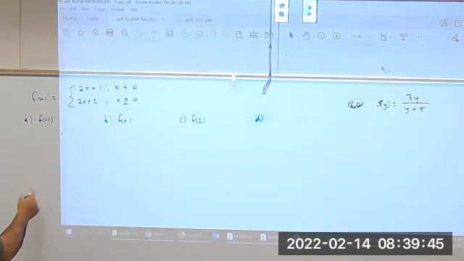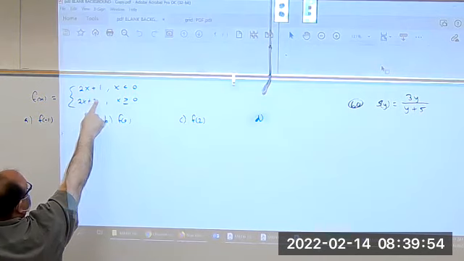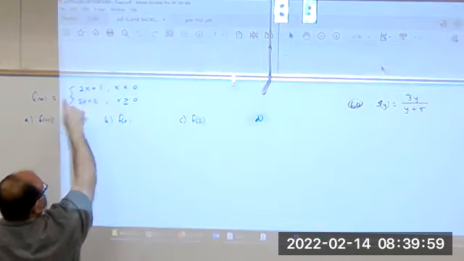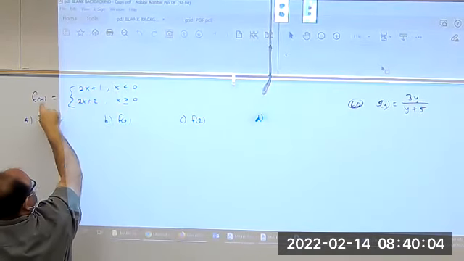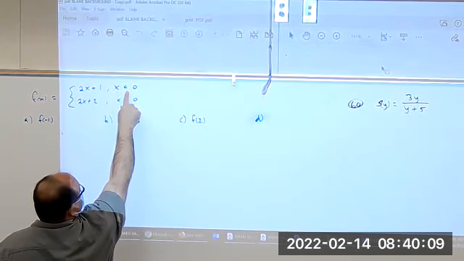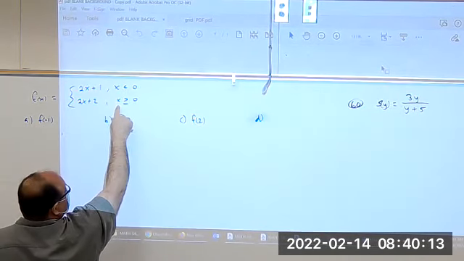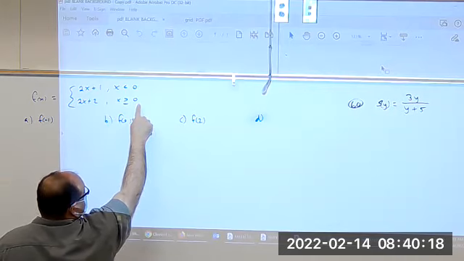So we want f of -1. So we plug -1 into the x. And we're going to replace the x over here with a -1. But you have conditions. What it says is f of x equals 2x plus 1 if the value of the x that you're plugging in is less than 0. f of x is equal to 2x plus 2 if what you're substituting, x, is greater than or equal to 0.